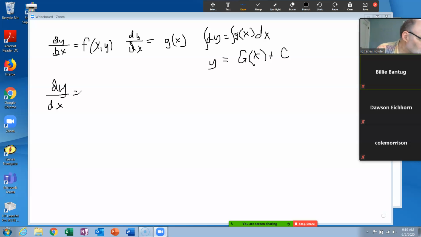Everybody's got problems. Okay, is equal to 1 plus e to the 2x. Okay, there's your differential equation.